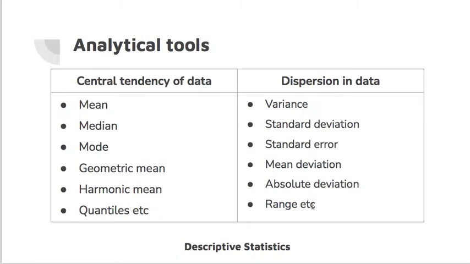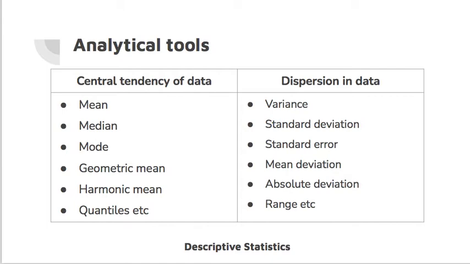Next, going to the analytical tools, what are the different types of analytical tools and different aspects in which we try to analyze the data. For example, we try to find out the central tendency of data. There are two things in analytical descriptive statistics: measures of central tendency and measures of dispersion. These are the two basic categories of analytical tools in descriptive statistics.